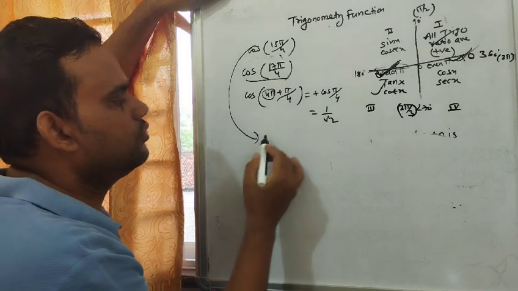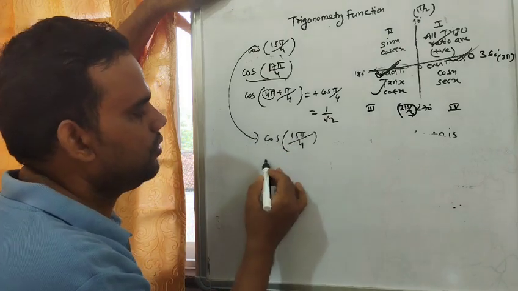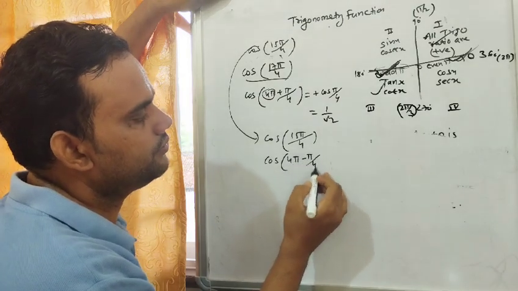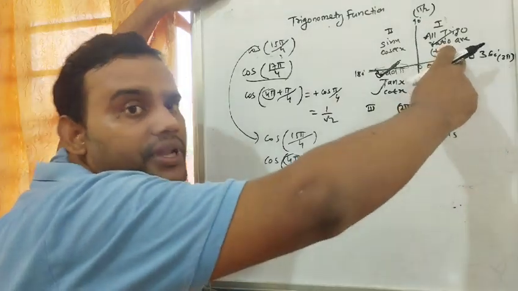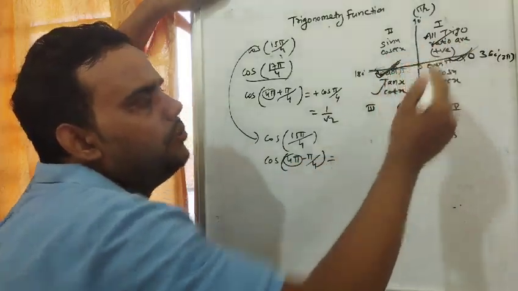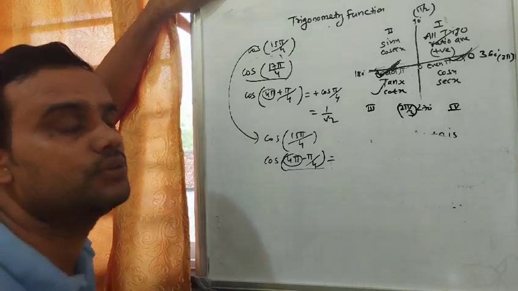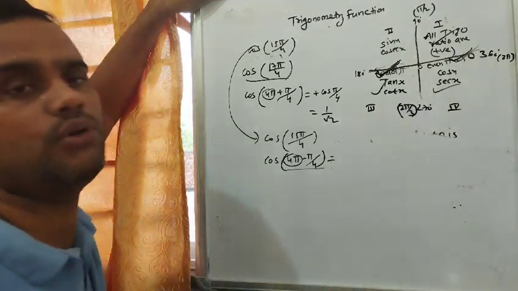So the answer is 1 by root 2. Similarly, how to do cos 15 pi by 4? We write cos of 4 pi minus pi by 4. Again 4 pi is an even place, and minus means the fourth quadrant.